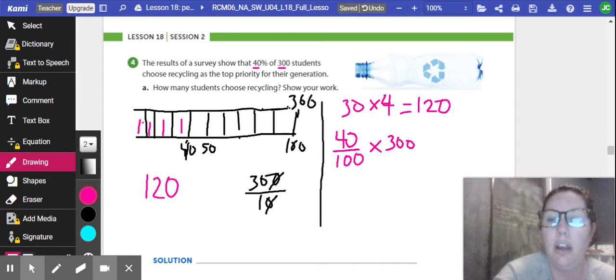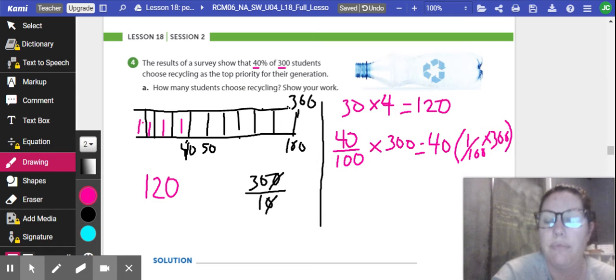Then our next step was to pull out the 40, and then what's left is 1/100 times 300.